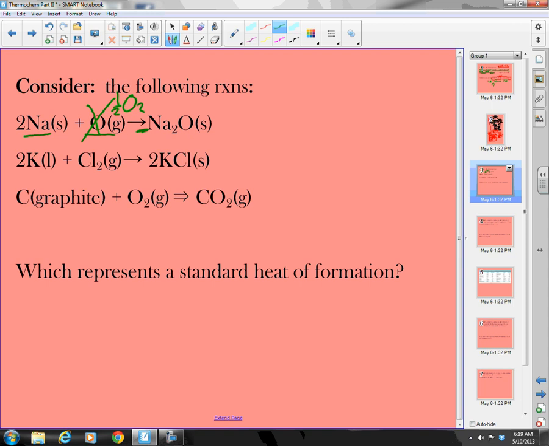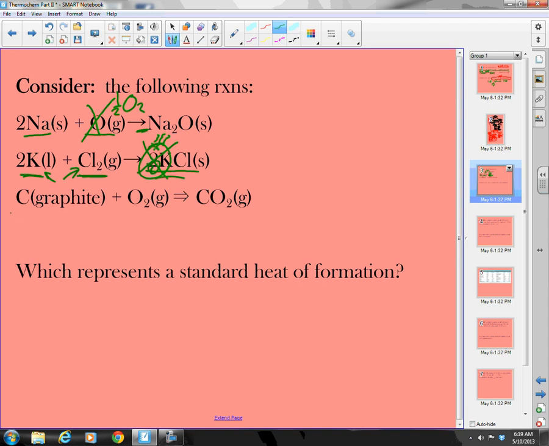Good. Moving on. Let's look at my potassium. I have an element there, and that is a stable form, and that's a stable form, right? And what do I make here? I make 2 potassium chlorides. No good. That's wrong. Good. Moving on to the last one.